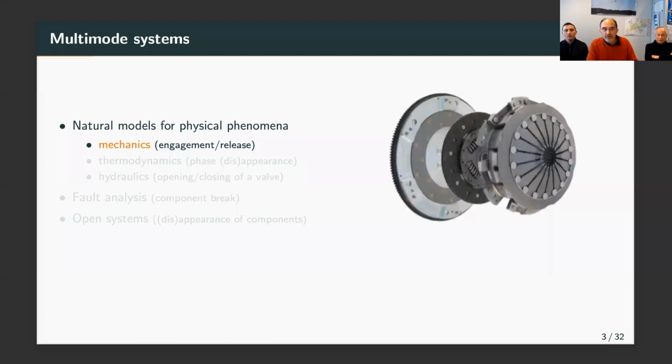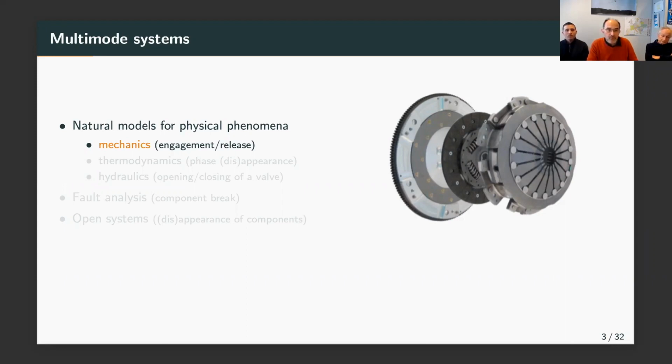Now let's focus on the multimode aspect of some physical models. I use the term multimode because it is the term that is being used in the Modelica community, but the terms switched systems or hybrid systems are synonyms. So they mean the same thing.